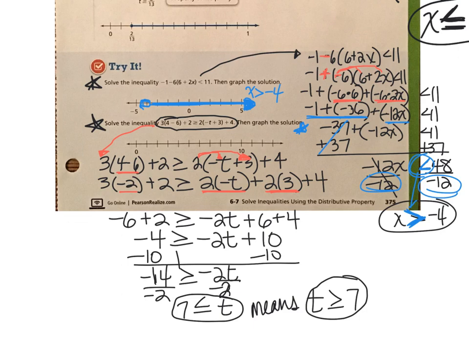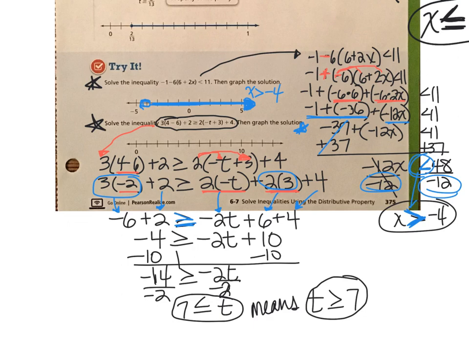All right, so I had 3 times a -2, which makes -6, plus 2 is greater than or equal to 2 times a -t makes -2t, 2 times 3 makes 6, right there, and then I have my 4. So I'm just simplifying smaller pieces at a time.